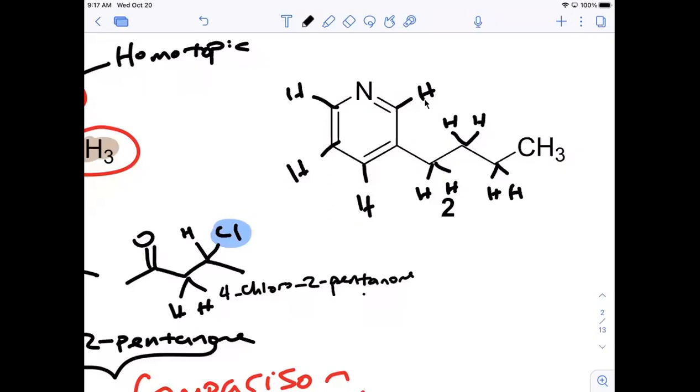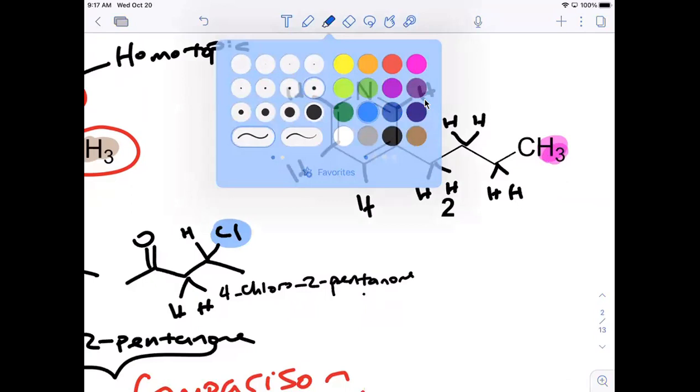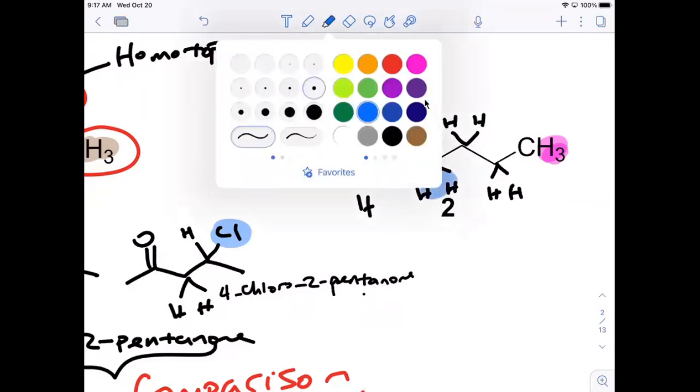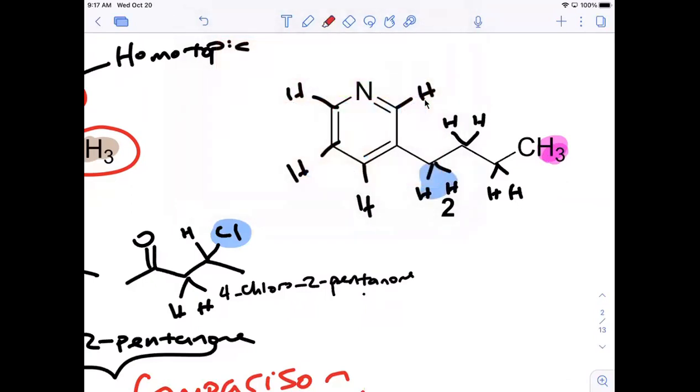All right. So right here, are you saying that the protons in the chain are the same? Is that what you're saying? So these are the same as these. No, those aren't the same. The two together are the same.